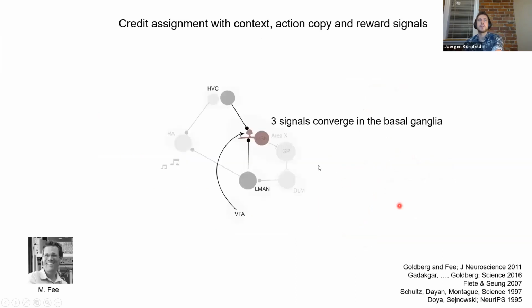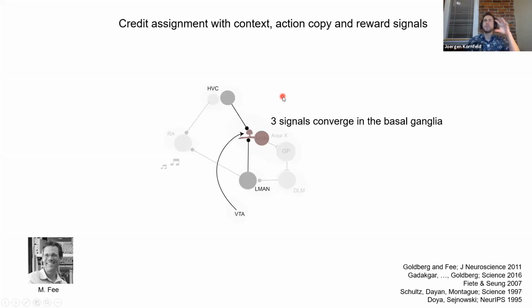So how do we think that credit assignment actually works there in the basal ganglia? Michael Fee, my advisor, came up together with Jesse Goldberg a few years ago with a very interesting model in this regard, so that credit assignment combines action, copy, context, and reward signals.